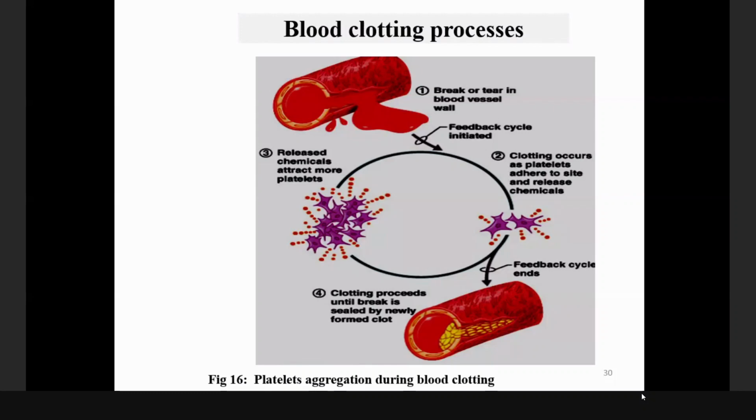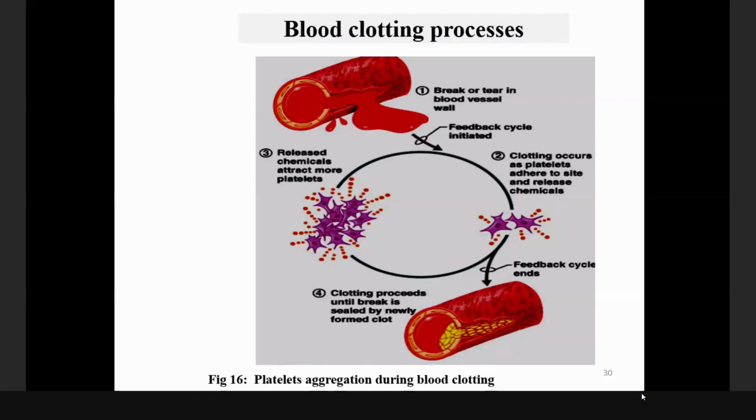Then another platelet is attracted and attaches to the ruptured area. In this way, platelets are aggregated on the ruptured area. That's called platelet aggregation. And that aggregation should be stabilized by fibrin protein, and that's called clotting.